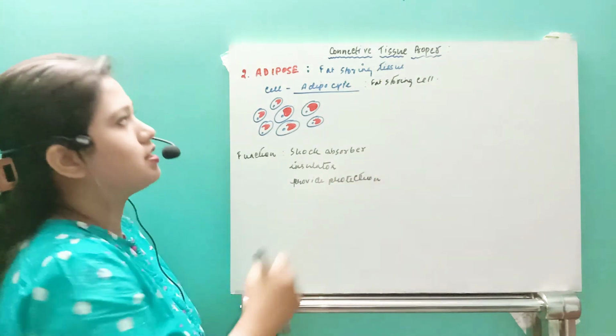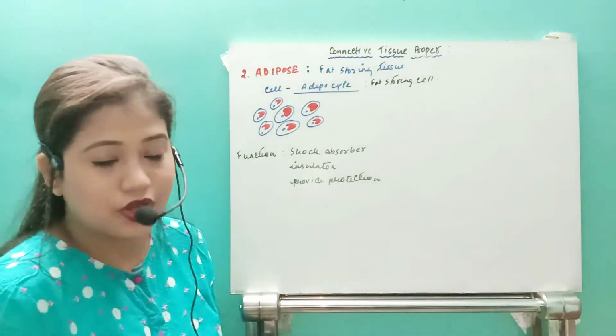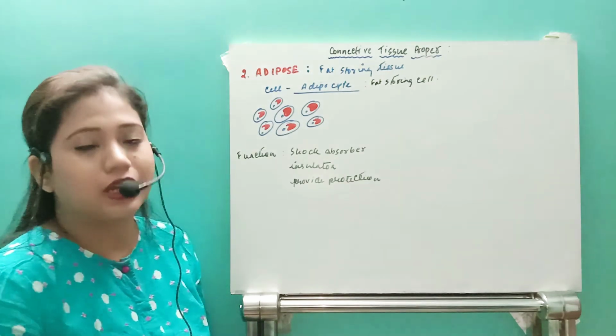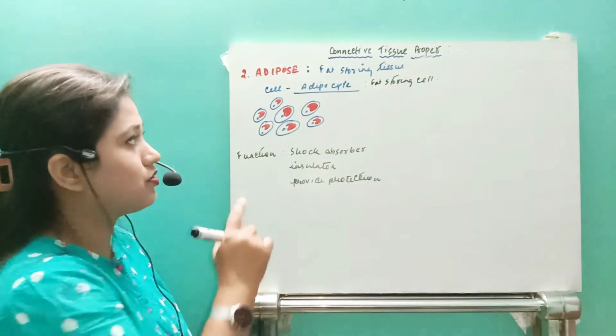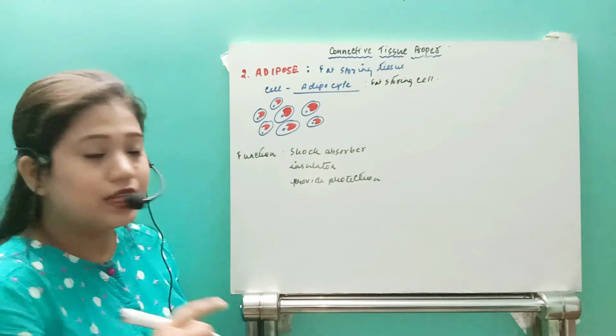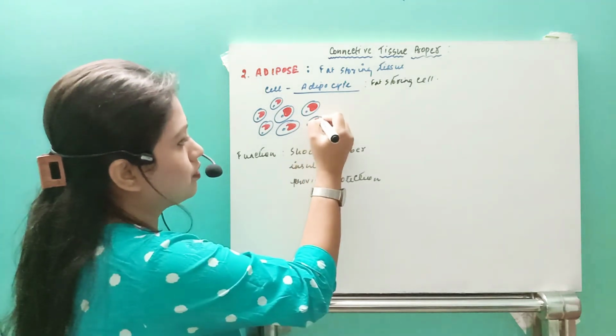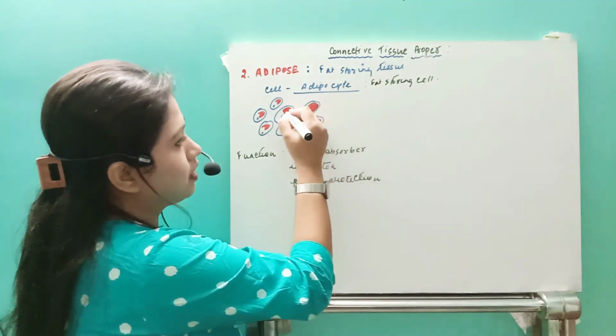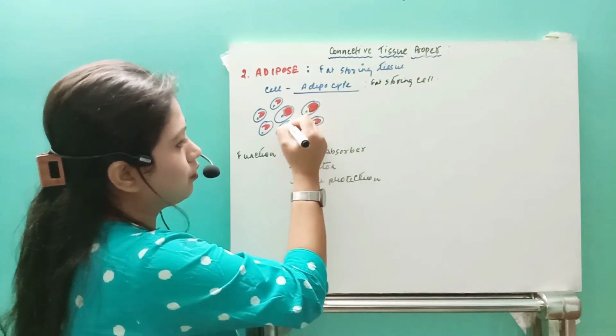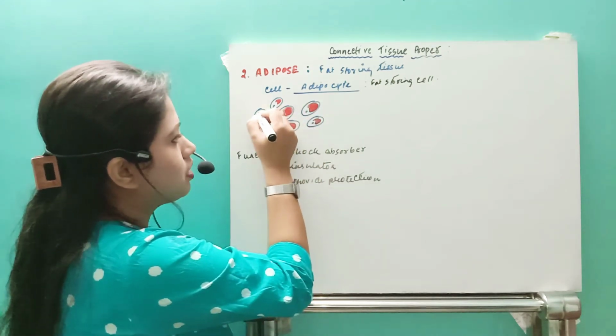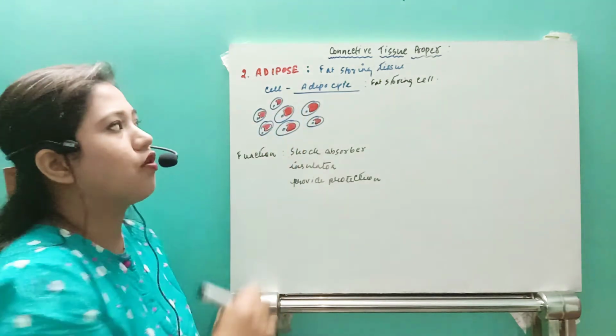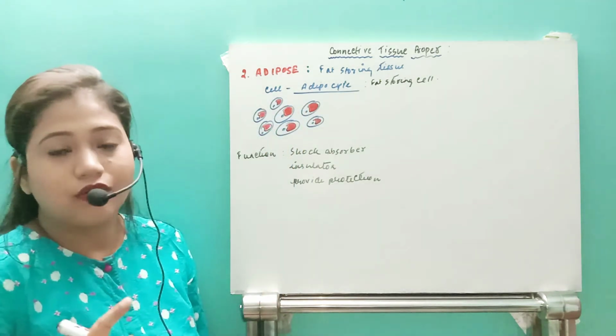Okay, so just see, if it comes to the adipose tissue, then basically it is made up of a cell, and that cell is known as the adipocyte, inside which we are going to have these fat granules. So this way we are going to have the fat granules inside the cytoplasm of the adipocyte cell. Now what is the function?